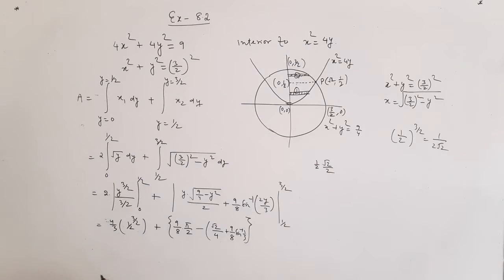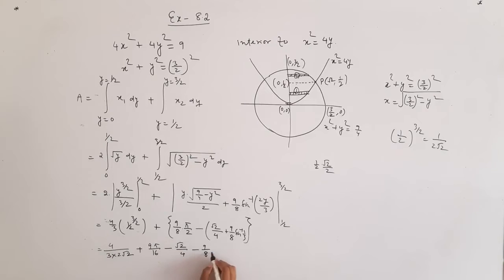So this part becomes 4 by 3 into 2 root 2, plus 9 pi by 16, minus root 2 by 4, minus 9 by 8 sine inverse 1 by 3.